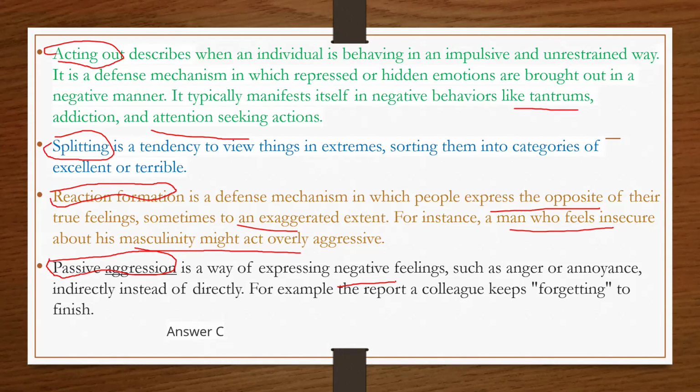So that's a normal thing. But passive aggression means he's not directly telling you that he can't do that. He will say, oh, I forgot to bring it. Then tomorrow when you ask, oh, I forgot to do it, I will do it tomorrow. Again, when you ask, I forgot to do that. So he's not directly telling you, but he's indirectly not doing it. So that's passive aggression.